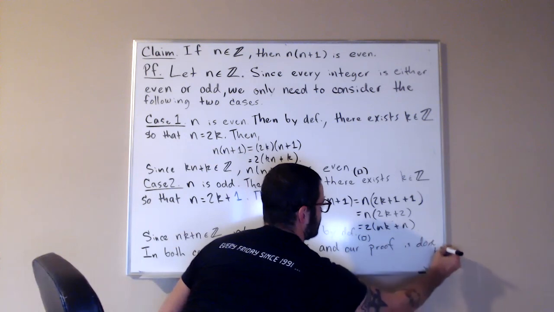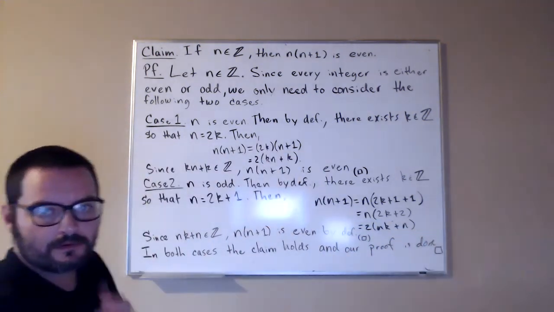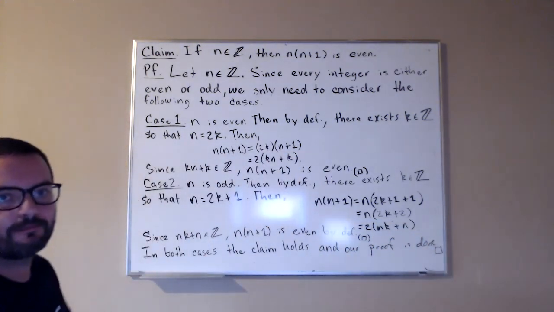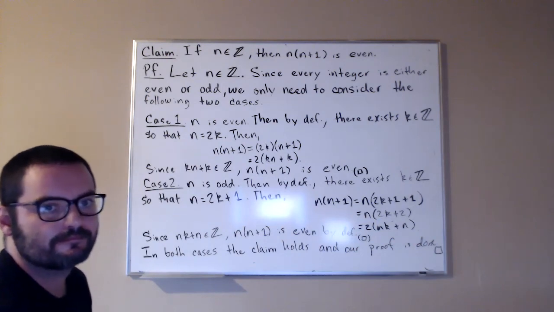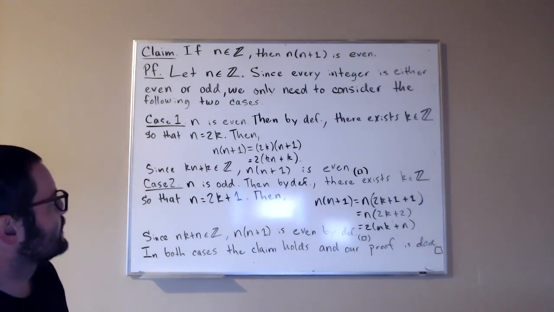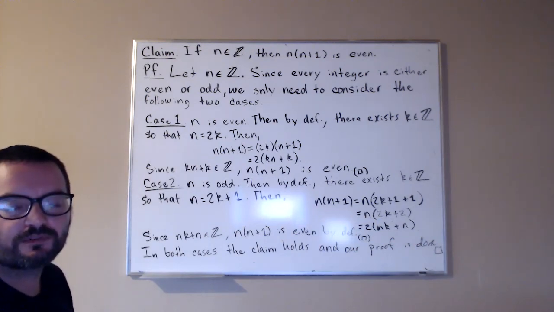And then big QED. So in both cases, our proof is done. Okay, so that's an example of proof by cases.